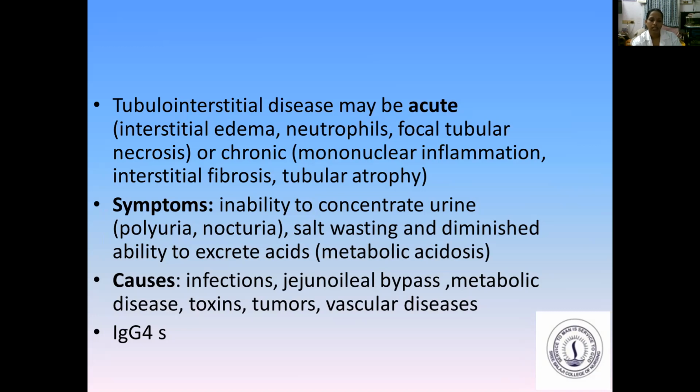So the main symptoms are inability to concentrate urine, so the patient might have polyuria or nocturia, salt wasting, and diminished ability to excrete acids, resulting in metabolic acidosis. The main causes are infections, jejunal-ileal bypass, metabolic disease, toxins, tumors, vascular disease, or immunoglobulin G4 disease.